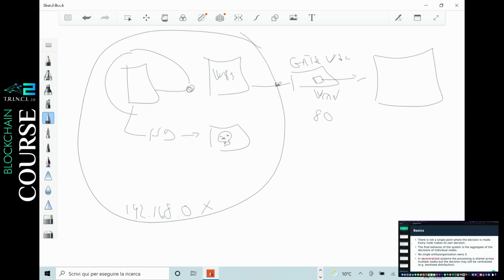The NAT has the rule that if a request arrives at the gateway on port 80, it sends it to the server. Nothing else has incoming traffic.